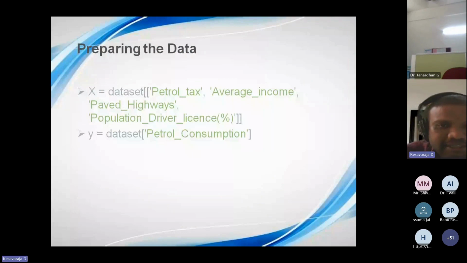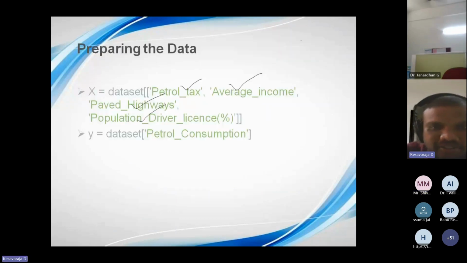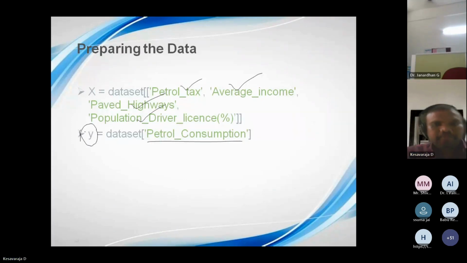X equal to dataset inside square brackets an array: petrol tax, average income, paved highways, population, driver license. These columns are mapped into X. The last column, petrol consumption, is mapped into Y.